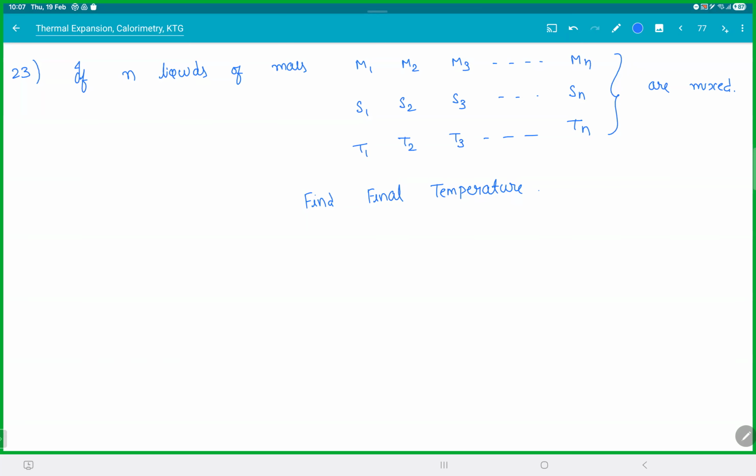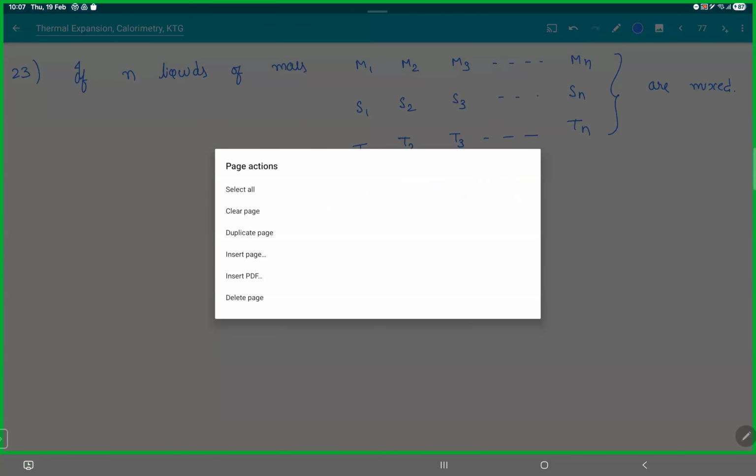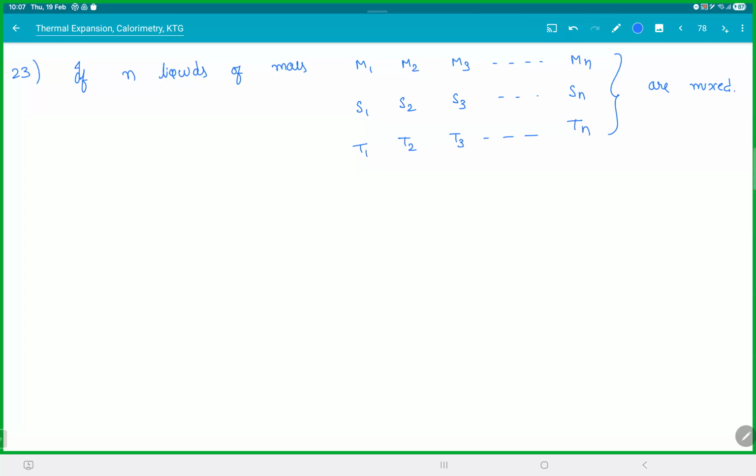Right, Shriyant. Now, what is the problem we are facing here? The problem is you're not sure who is gaining heat and who is losing heat, right? So whenever you have this problem, start like this: assume all are gaining heat or assume all are losing heat. It doesn't matter. The science will take care of it.